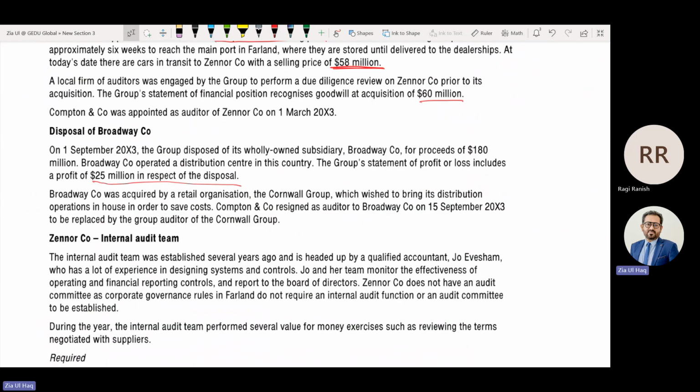Broadway company was acquired by a retail organization, the Cornwall Group, which wished to bring its distribution operation in-house in order to save cost. Compton and Company resigned as auditor to Broadway Company on 15 September 2023, to be replaced by the group's audit on the Cornwall Group. That's why we need to verify post-disposal results.